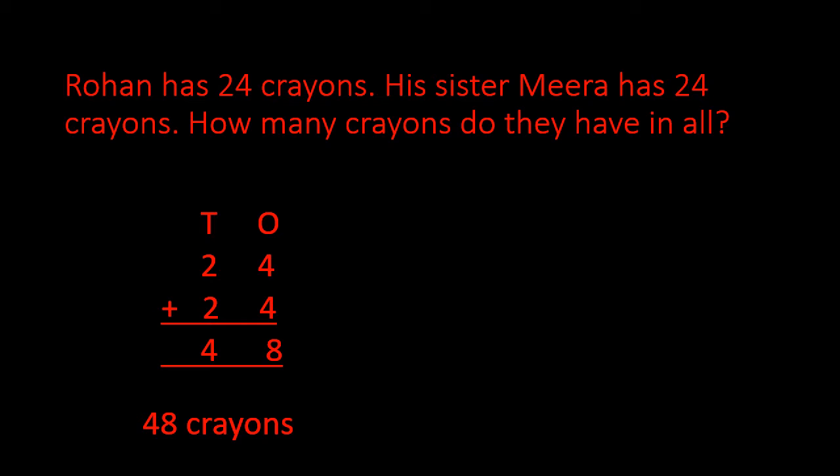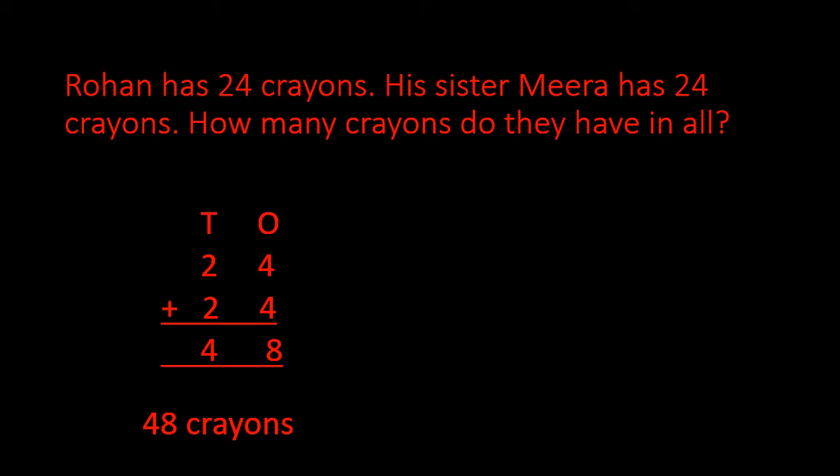So first write ones and tens and put the same value number below that. Means in 24, 4 is in ones place and 2 is in tens place. Same as the other number 24, 4 is in ones place and 2 is in tens place.